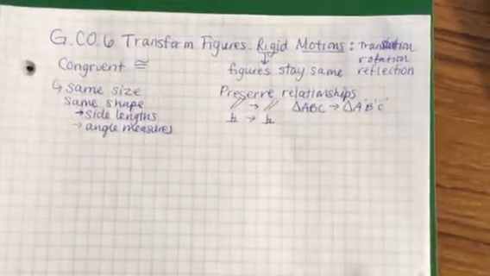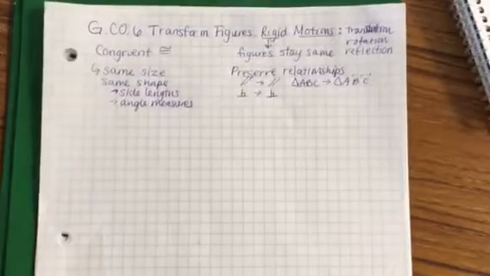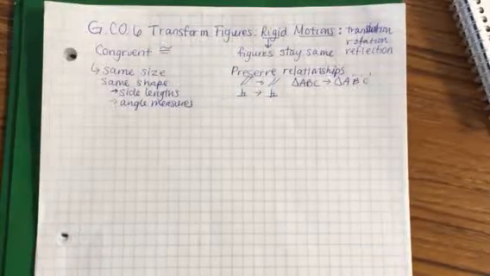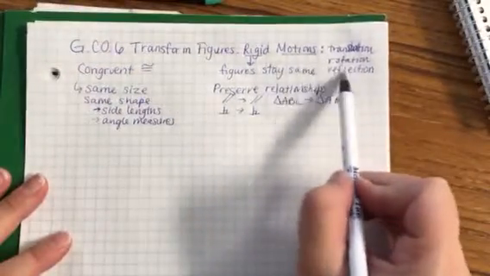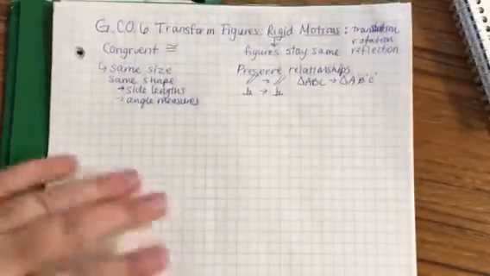One other thing is, if I were to give one figure, you would have to tell me, is it even possible through a bunch of these things to get it to be the new one? So here's an example.